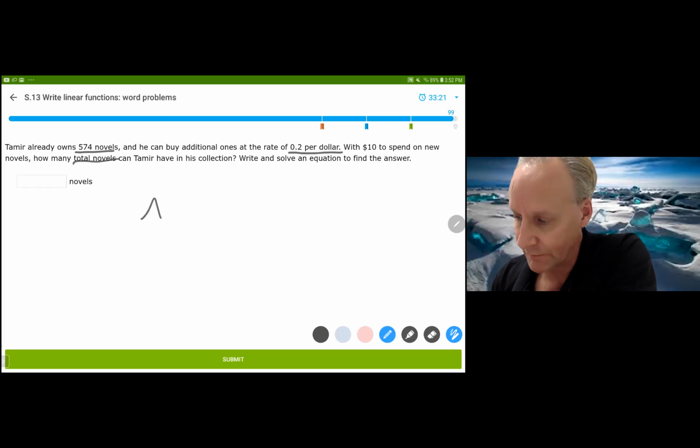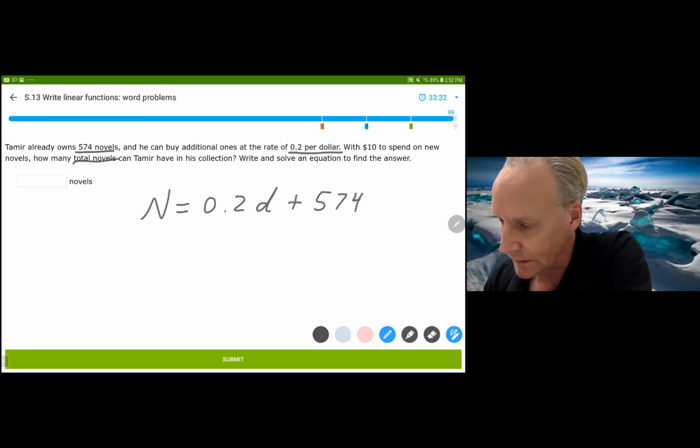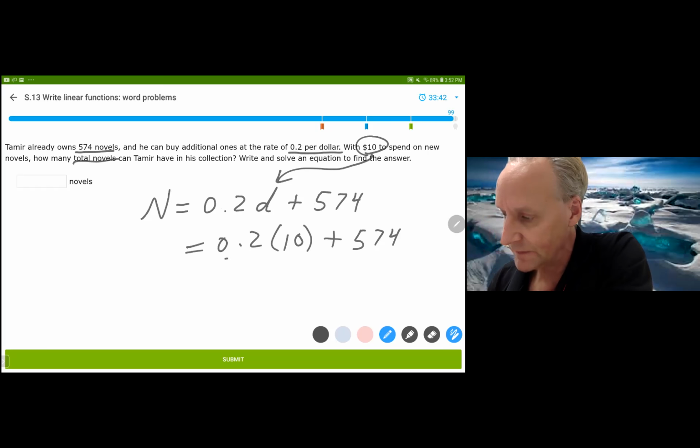So the number of novels is equal to 0.2 times the number of dollars he spends plus the 574. And of course, the $10 goes in here. And 0.2 times $10 plus the 574. This is just 2. Sorry, this is just 5.